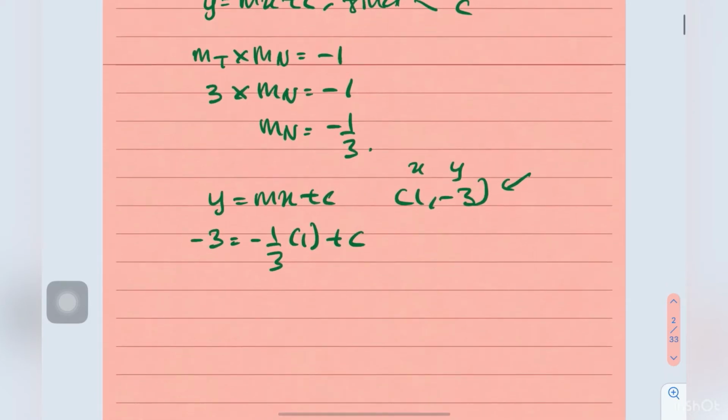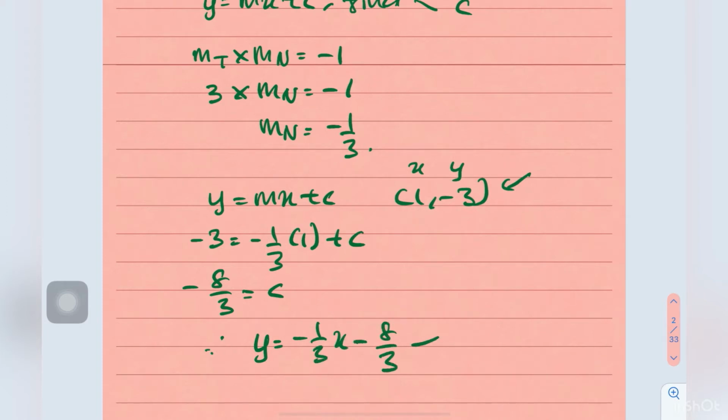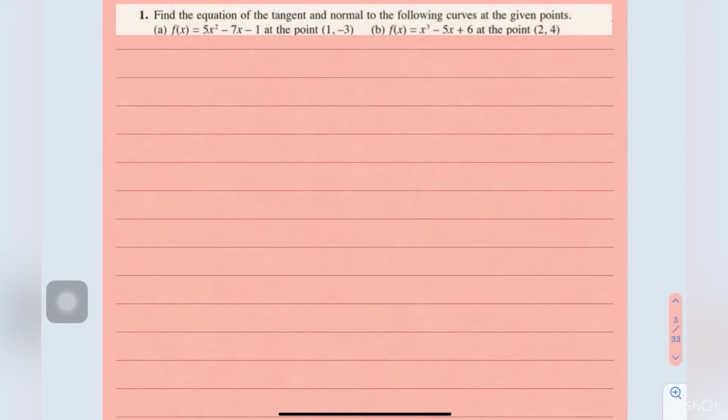We find the value of c is -3 plus 1/3, which is -8/3. Therefore, the equation of normal is y equals -1/3 x minus 8/3.